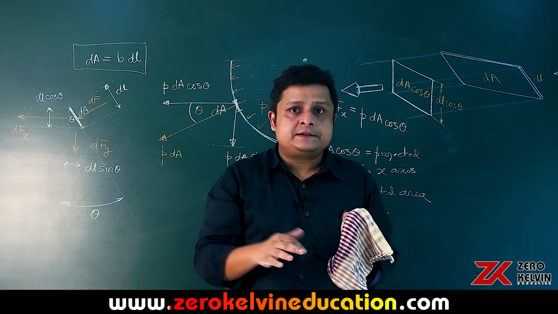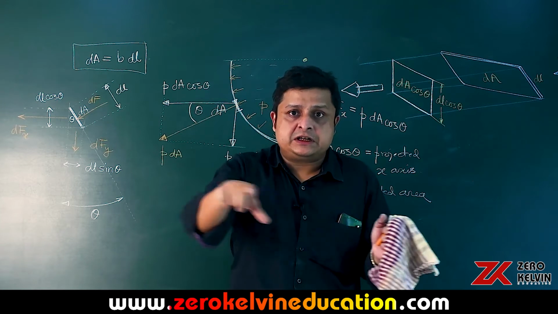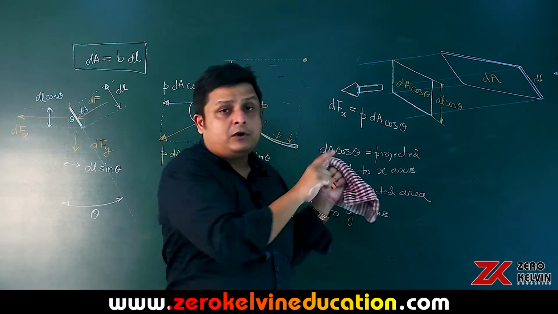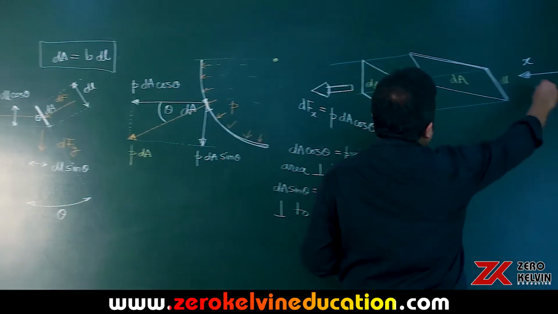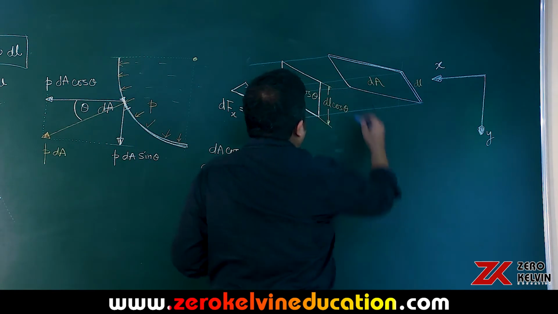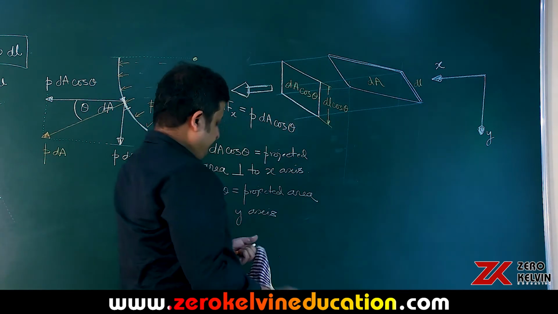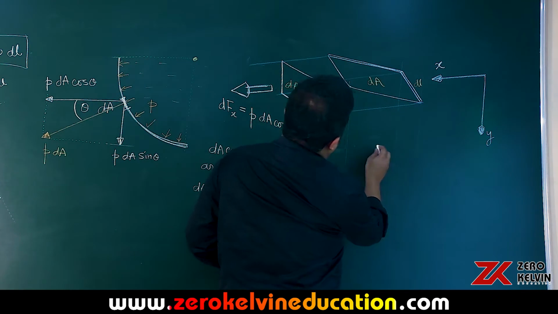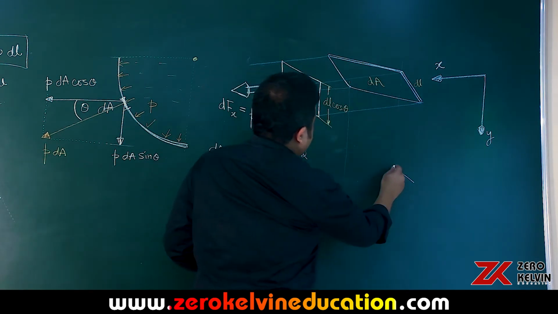So the light rays will hit the surface normally and cast a shadow of this strip of area dA. So let's draw the light beam from top. There it is. And let's draw the shadow.